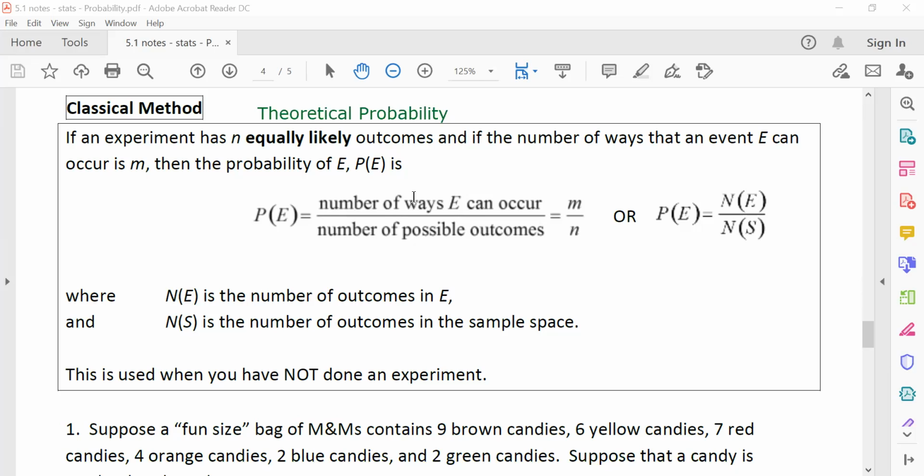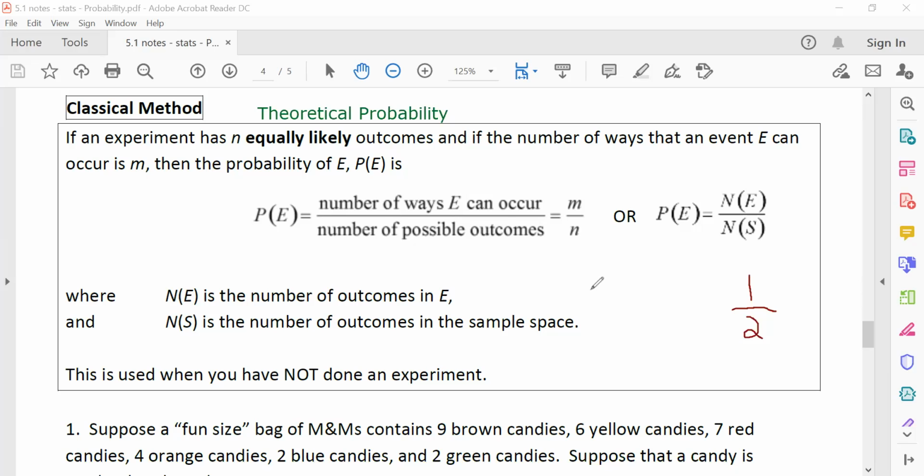So 2 would be the bottom number. That's the number of possible outcomes. Now, the number of ways I can get the outcome I want, which is a heads, is only 1 way. So we're going to say there's a 1/2 probability or a 50% or a 0.5 probability of getting a heads.